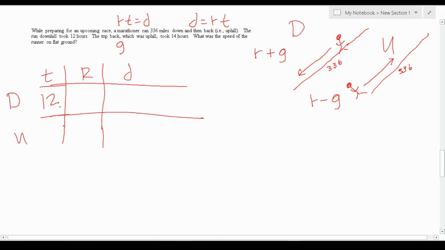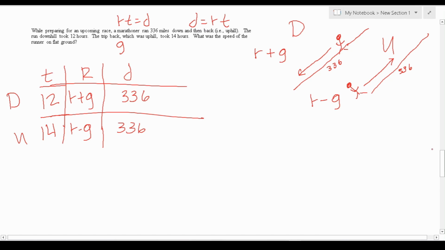The rate that corresponds to 12 hours is R plus G. And we know the distance is going to be 336. Similarly, we know the uphill part of the run took 14 hours. We know the corresponding rate is R minus G. And both distances are the same, since in this case they're going up the hill, and in this case they're going down the hill. It's the same hill.